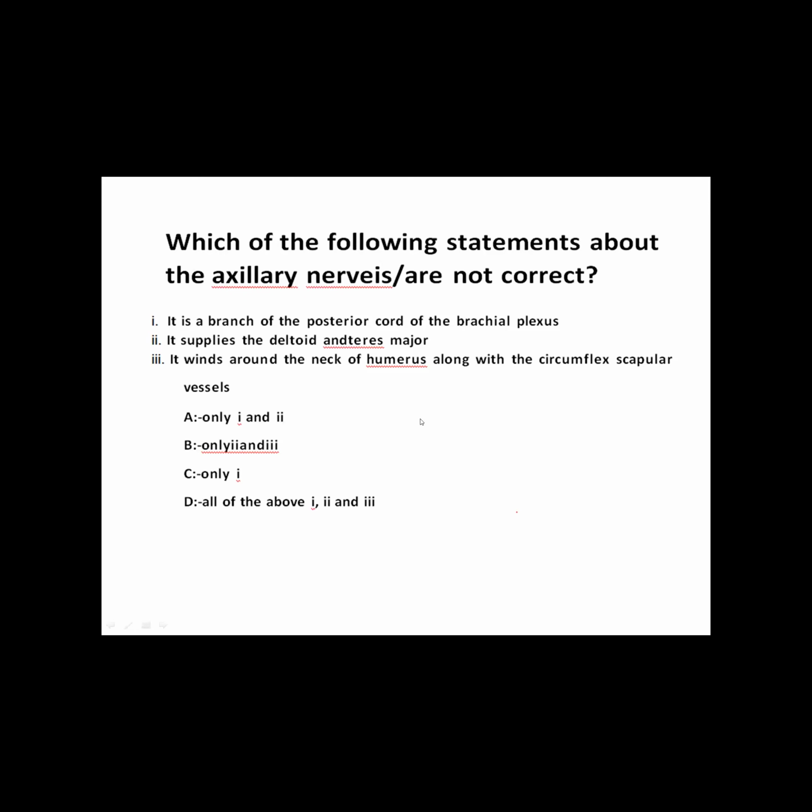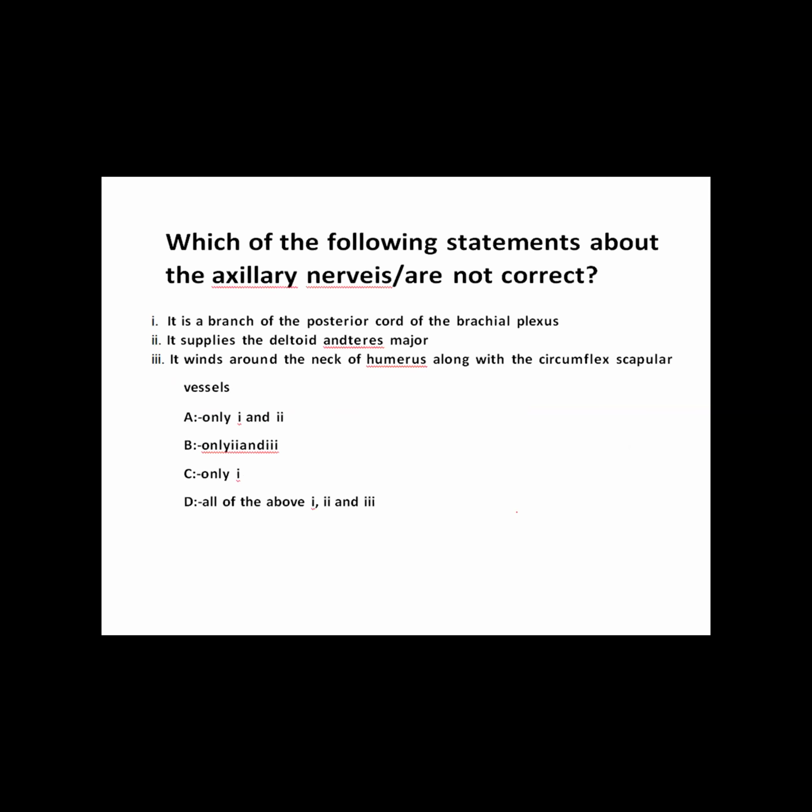Anyone else who would like to answer? Okay. You see, axillary nerve, it arises from the posterior cord of the brachial plexus, right? So the root value is C5 and C6, so that is correct. It supplies deltoid and teres major. No. Right? It supplies deltoid and teres minor and not the major.